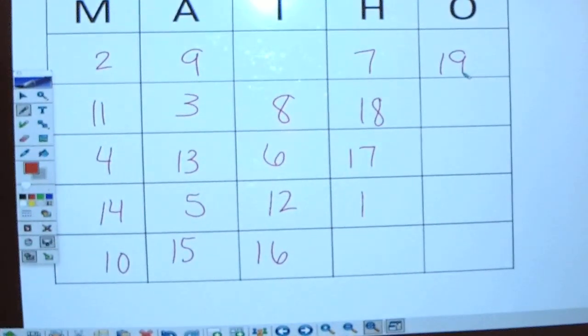Okay, we're going to start soon, so make sure your board is numbered. Just the math board. No 0, 1 through 25, not 0 through 25.